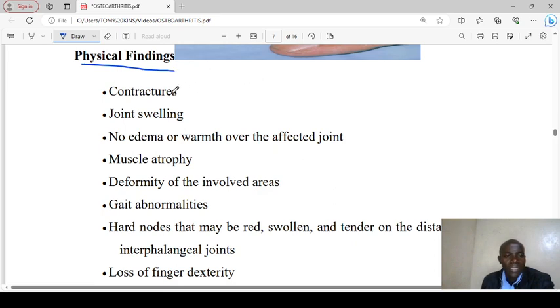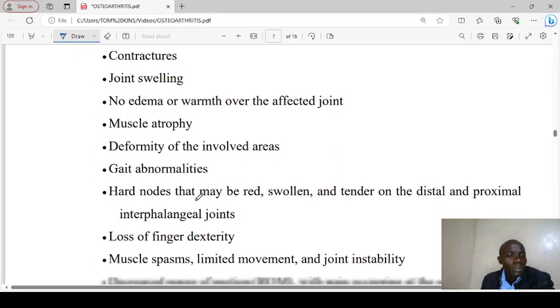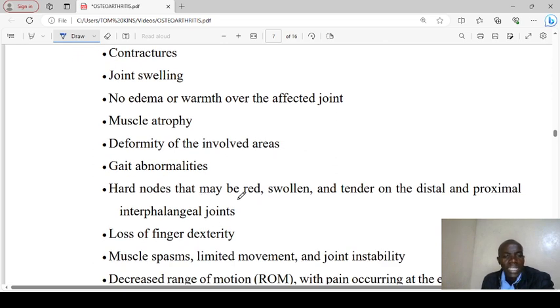You find that the patient is having contractures, joint swelling, edema, or warmth over the affected joint. You could also find muscle atrophy, deformity of the involved areas, gait abnormalities, hard nodes that may be red, swollen, tender, on distal and proximal interphalangeal joints.